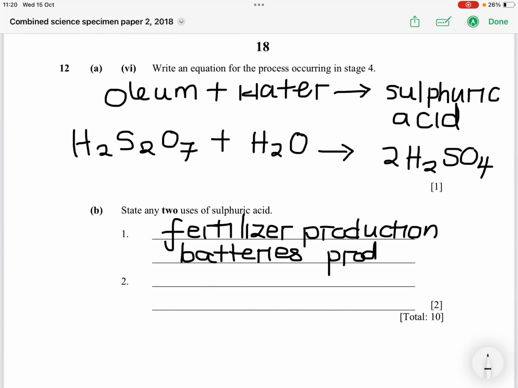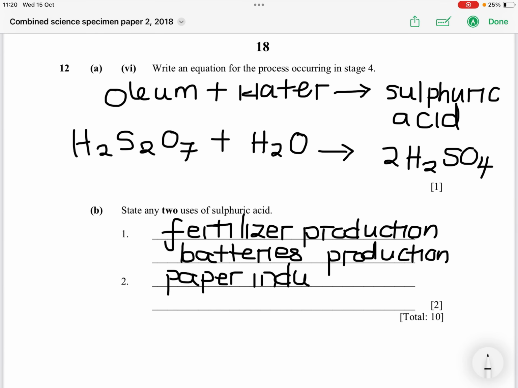So we write batteries production. It is also used in paper industry. Paper industry, they require the sulfuric acid.